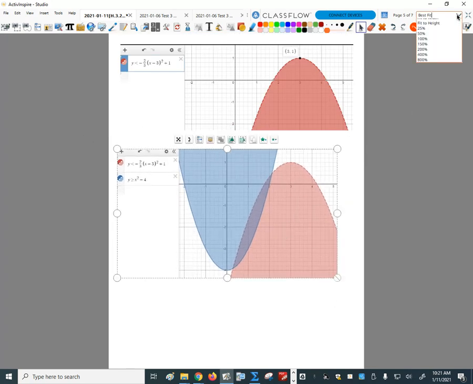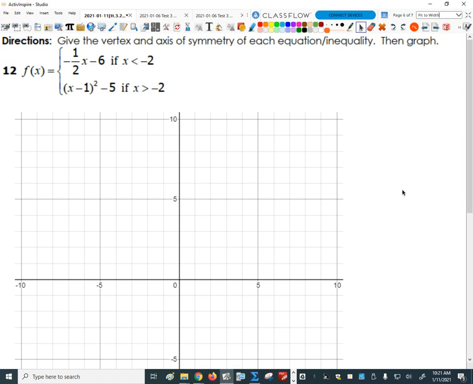All right, next issue. What about something like that? Everybody stare at that for a second. Okay, it's a piecewise function, right? We dealt with piecewise functions way back at the start of Unit 3, but the pieces were always linear.